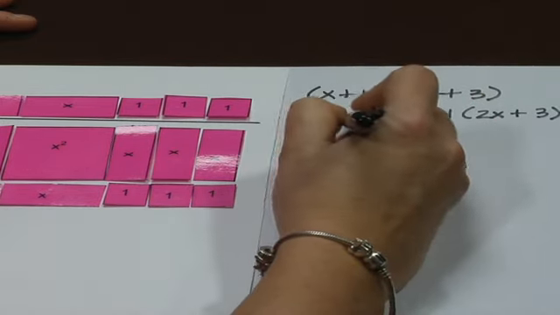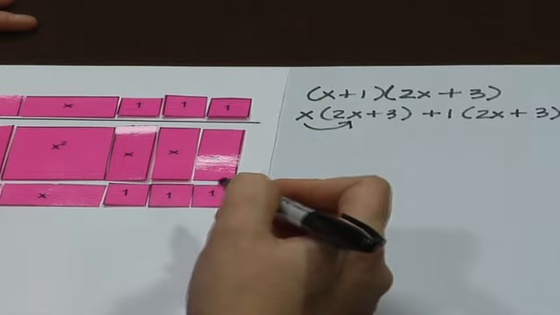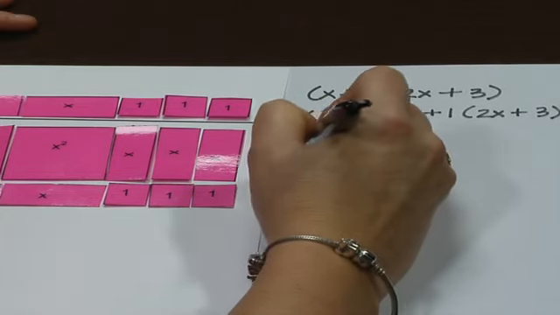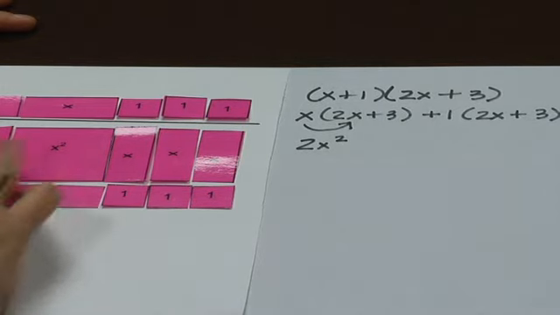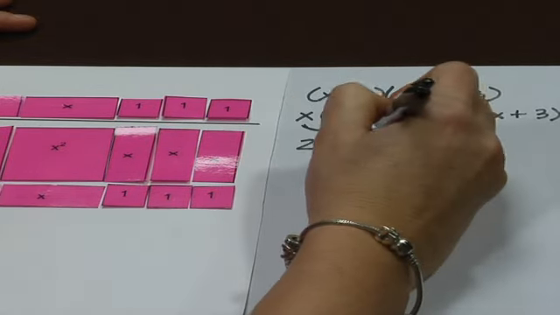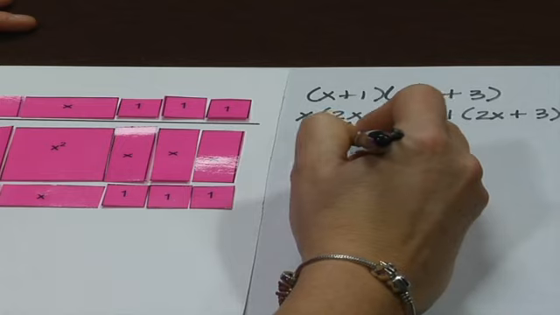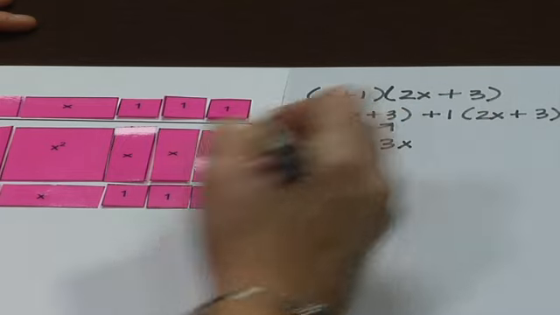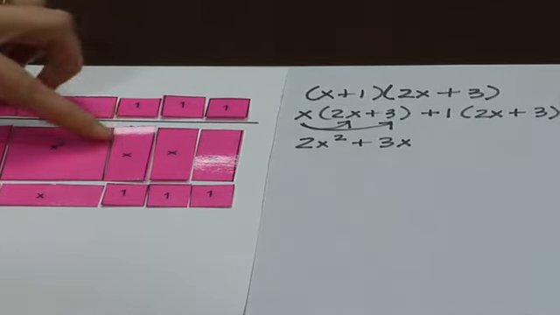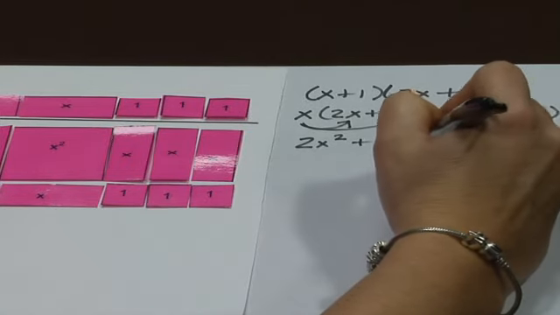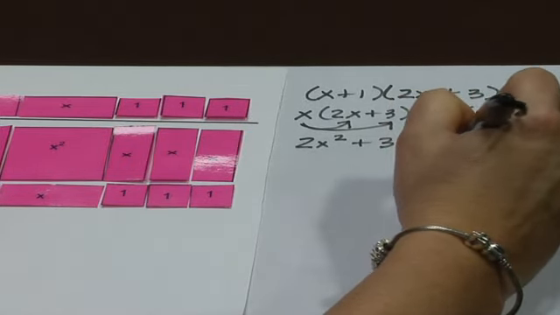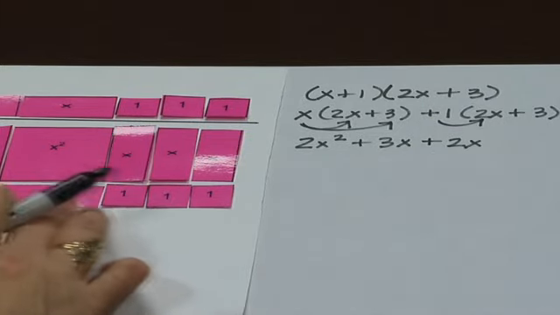Creating our four partial products once again, x times 2x, giving us 2x squared, which we see right here. x times 3, giving us 3x, which we see beside it. 1 times 2x, giving us 2x that we see down here on the bottom.